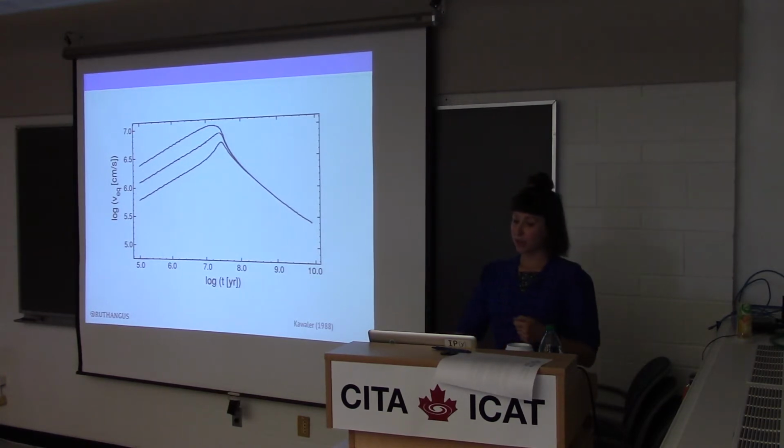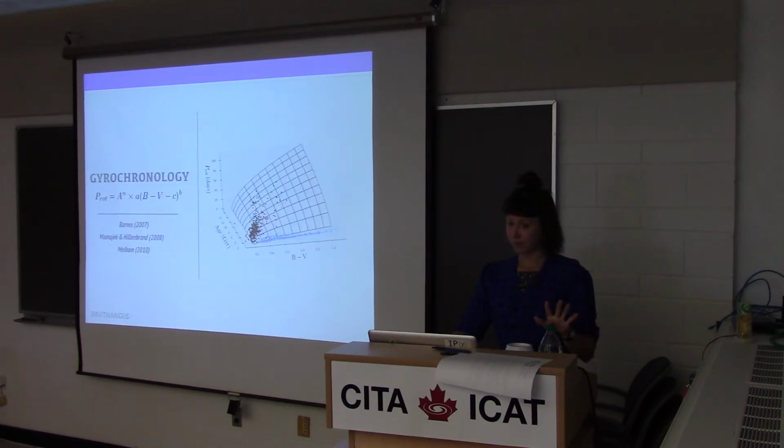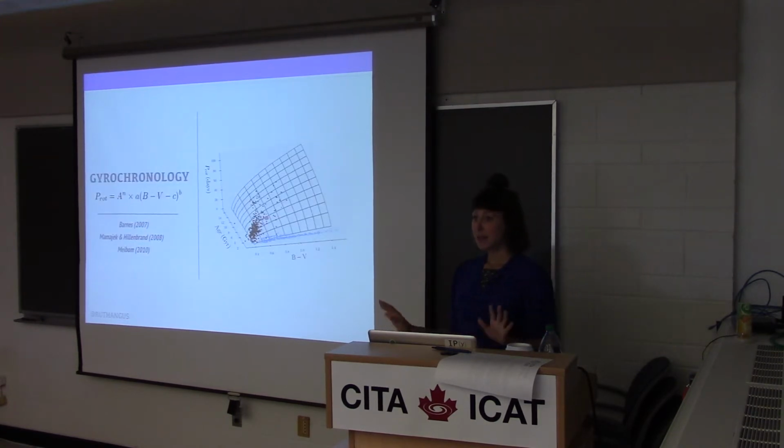Another approach is a purely empirical one. That is the approach I will be talking about today, because the really nice thing about the purely empirical gyrochronology relations is exactly what I've said before. All you need is a rotation period and a color. And if you only know those two things about a star, we still need to be able to infer an age.